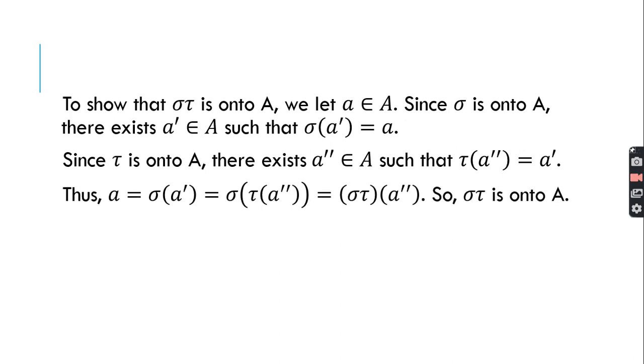Thus, a is equal to sigma of a prime, which is equal to sigma of tau of a double prime, and then equals sigma tau of a double prime. So, sigma tau is onto A.